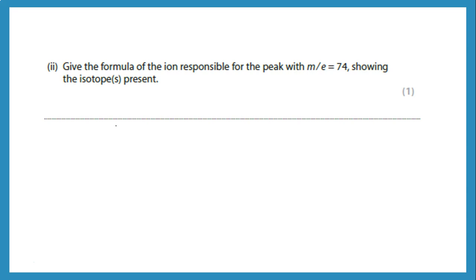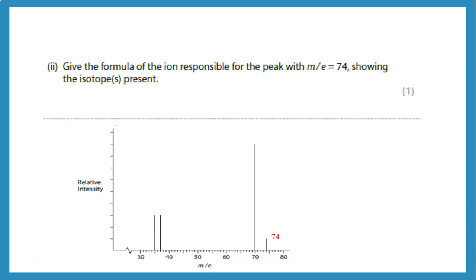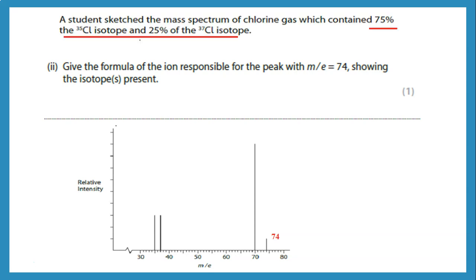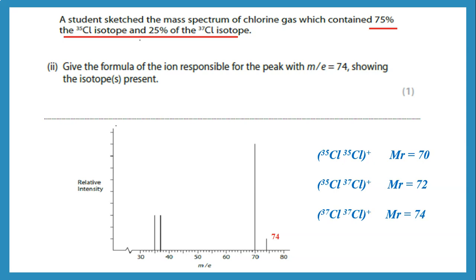Give the formula of the ion responsible for the peak at 74. So we said this is the peak at 74, and we said the 3 choices that we have are either both of them 35 or both of them 37 or one of them 35 and the other 37.